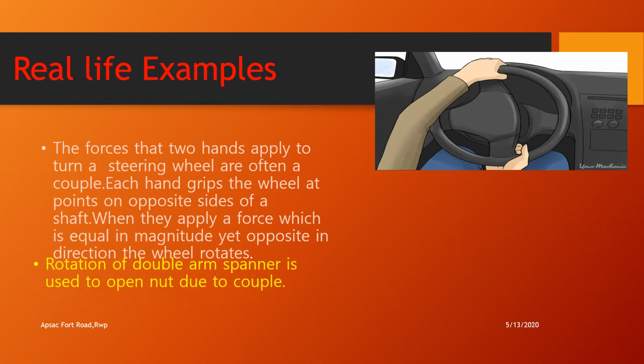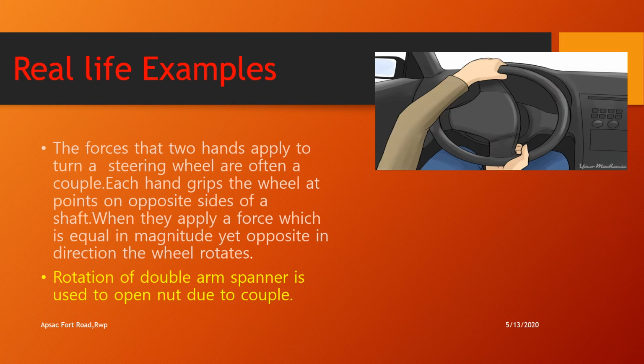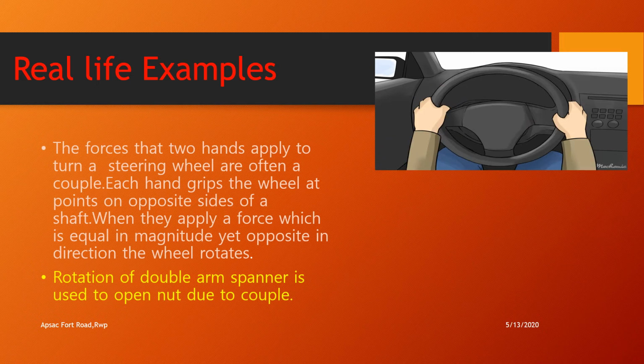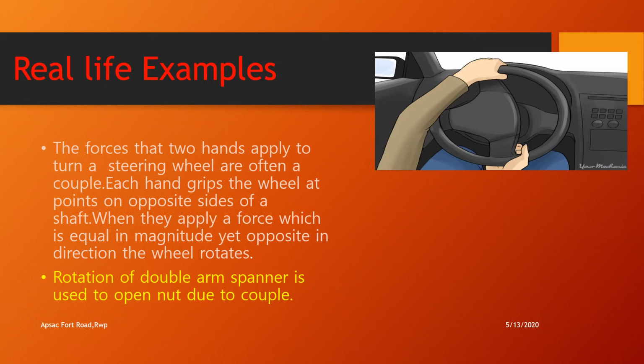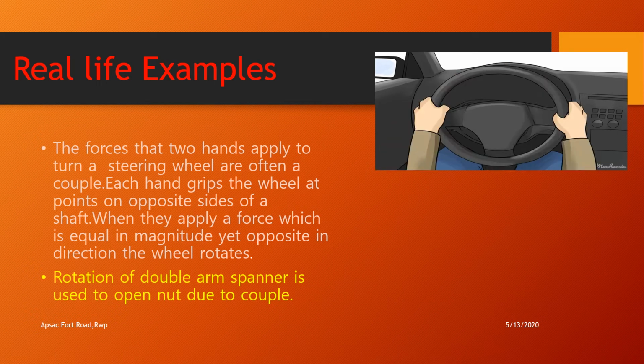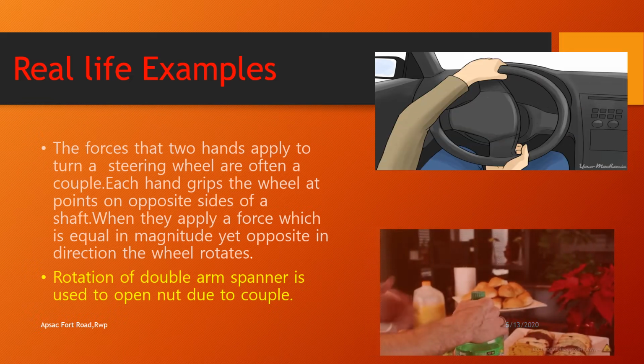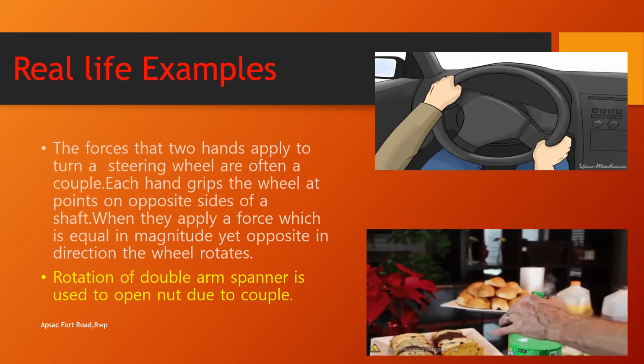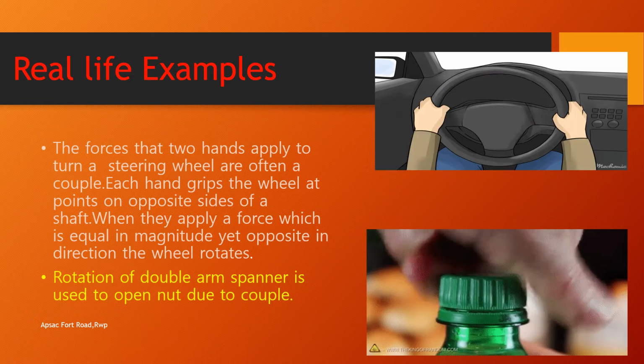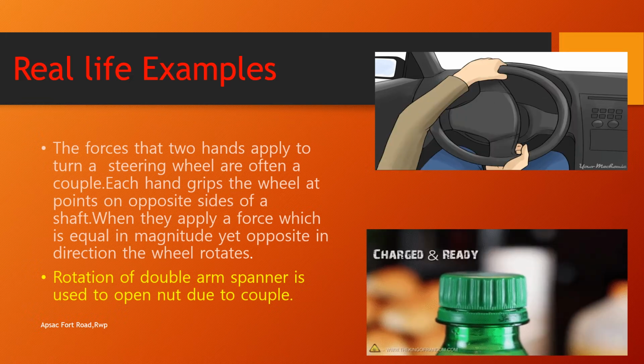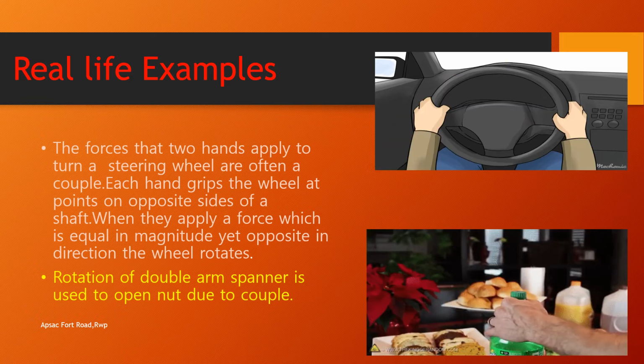Another very commonly observed example is the rotation of a double arm spanner, which is used to open a nut; it is due to the couple effect. In the same way, if you want to open a bottle cap, you apply forces by your hand which constitute a couple, and in this way the cap rotates.